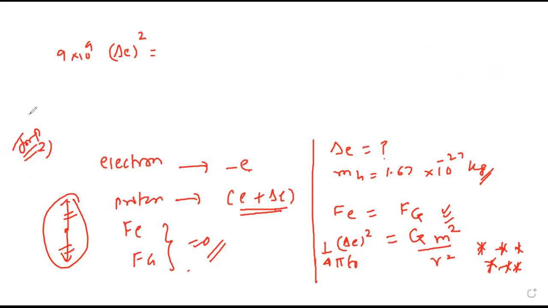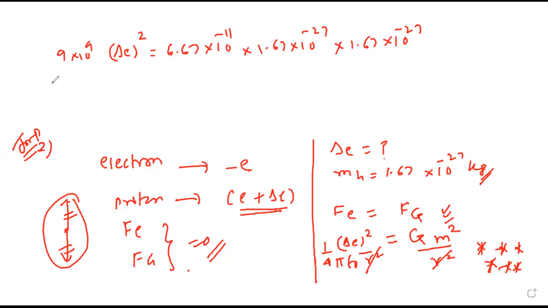So delta e square. G is 6.67 into 10 raised to minus 11, into mass 1.67 into 10 raised to minus 27, 1.67 into 10 raised to minus 27. On both sides this r square will get cancelled.